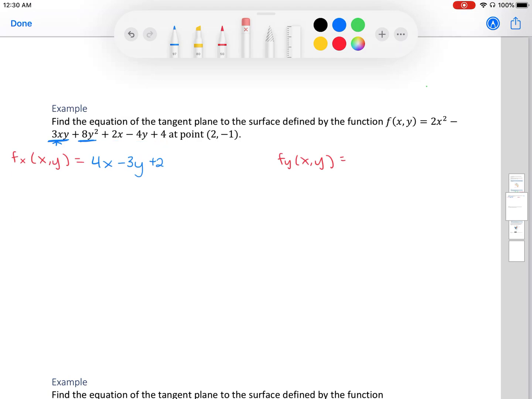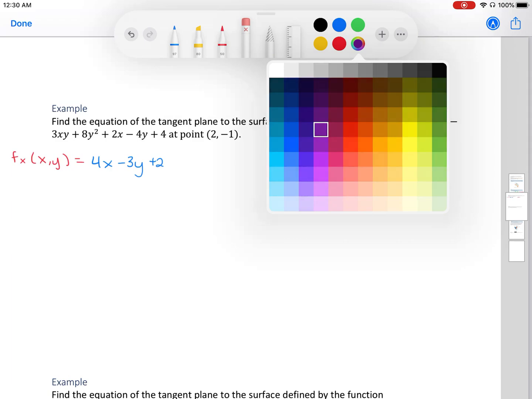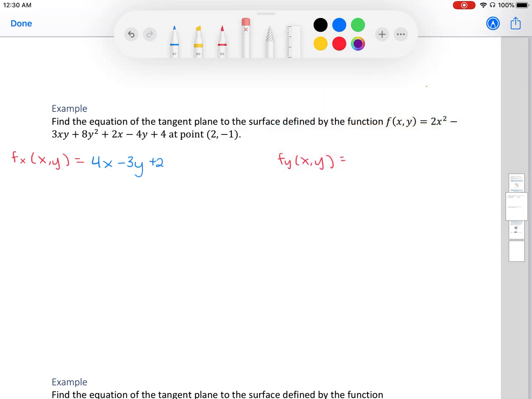Now let's find the derivative in terms of y. So we look at our function. For our first term, it's in x only, so that's 0. Second term, the derivative of y is 1, so we have minus 3x. For our third term, the derivative of 8y squared is 16y.